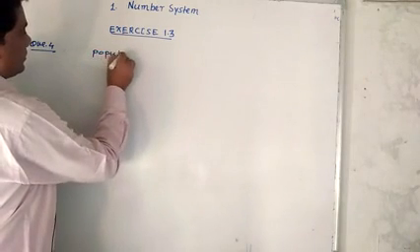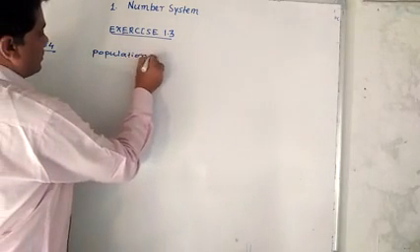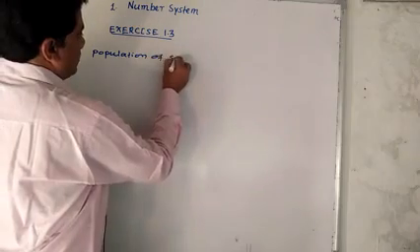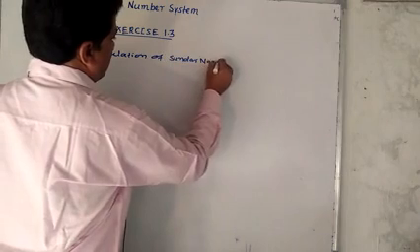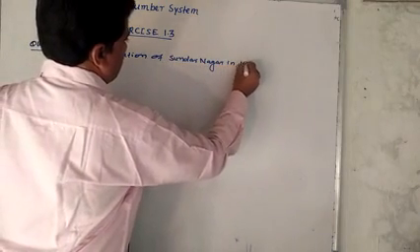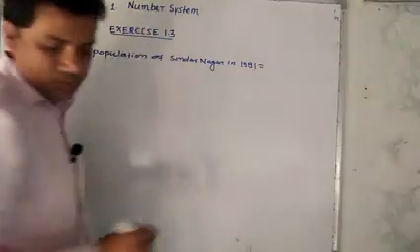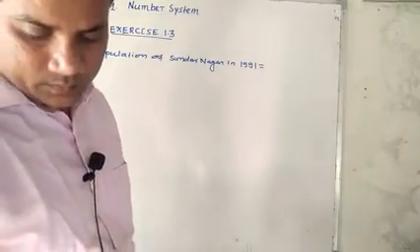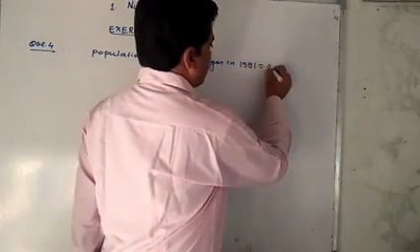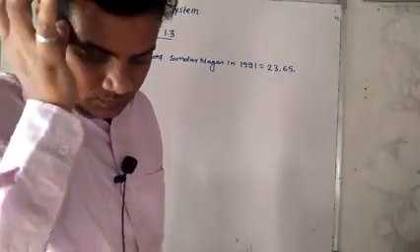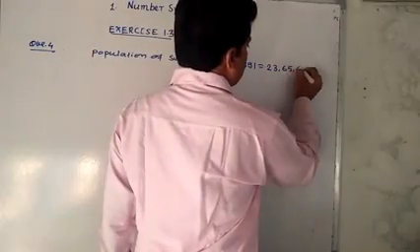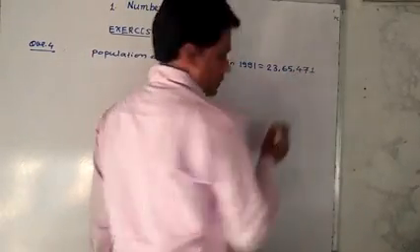Population of Sundarnagar in 1991 is equal to 23,65,471.